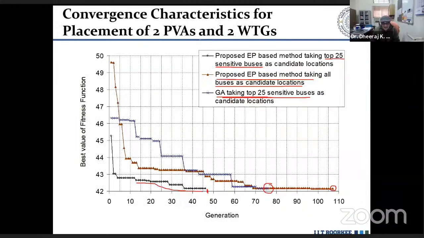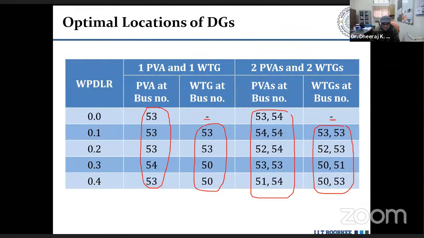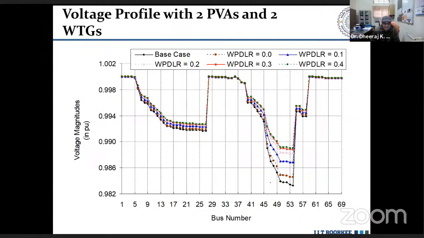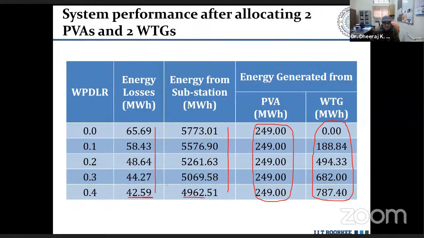And here we can see that the locations are also different. In this case, we are restricting to two buses, 50 and 53, but here we are covering four buses, 50, 51, 53 and 54. So now the performance of the system is improved.